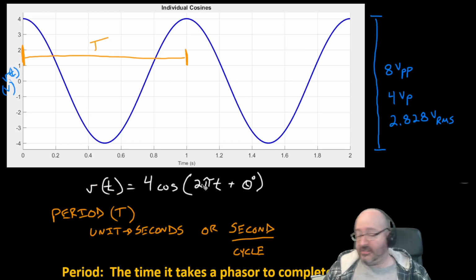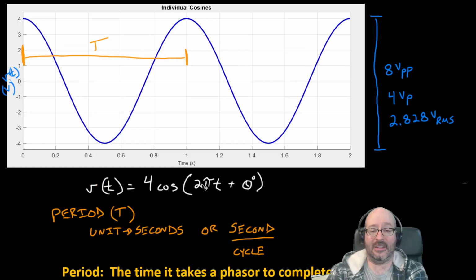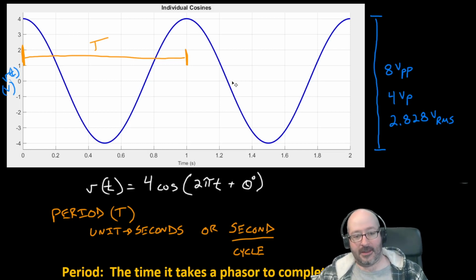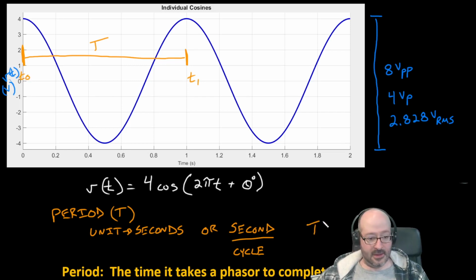Now, it's useful. We can see it on a plot, which means, more importantly, we're going to be able to see it on an oscilloscope when we start measuring these waveforms. But how does that relate to 2 pi? In this case, if I call this T1 and I call this T0, the period is just T1 minus T0.